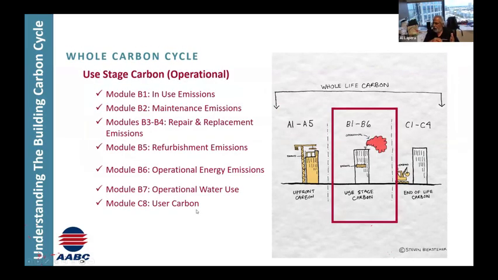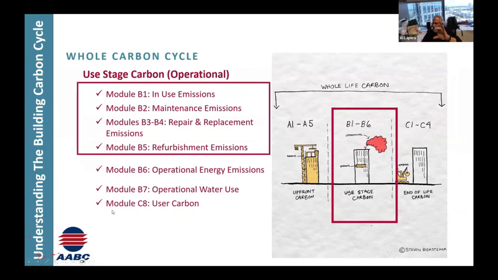If we start to look at user stage carbon, all of these have to do with after the building. It's in-use emissions. It has to do with the maintenance emissions. What is a maintenance emission? That's from normal, regular maintenance, right? But those, most likely, are all embodied carbon.